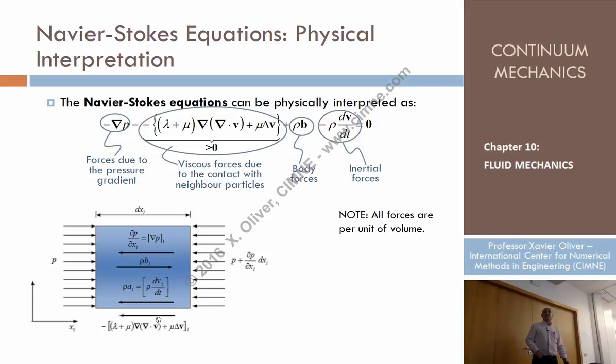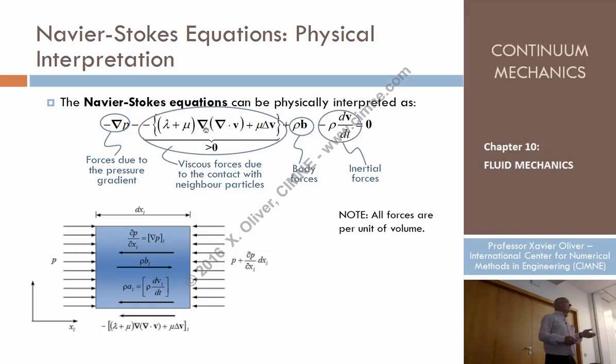They are viscous forces that increase as the velocity increases. So the larger the velocities, or more important, the larger the gradient of the velocities, the larger the viscous forces. If the velocities are constant, if there are no gradients of velocity, these terms are 0, and then there are no viscous forces.